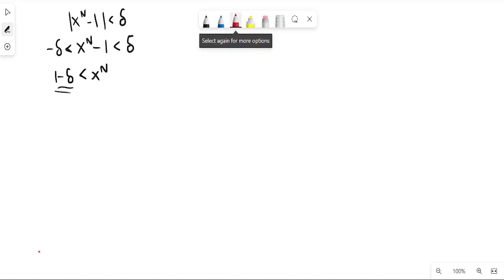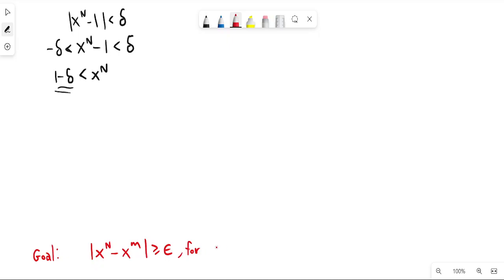But reminder, right, our goal here is to get x to the big N minus x to the m to be greater than or equal to epsilon. And we want this to happen for some m that's greater than big N. Okay, so the idea is we should make the x to the m very small.